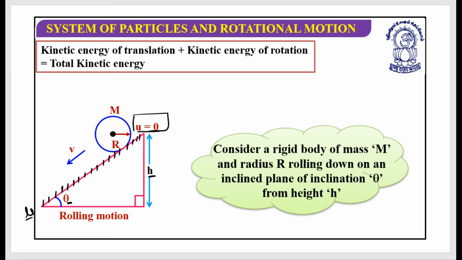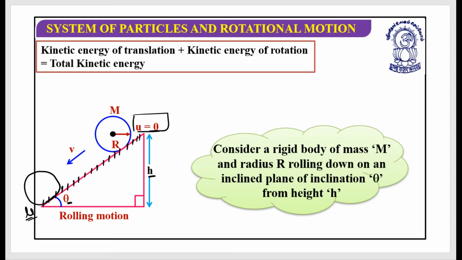Let's say the coefficient of friction is mu. This object is in rolling motion, and at a certain point of time it will be at this location. Let's check which forces are acting and what the situation would be.